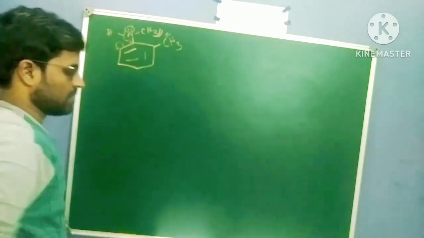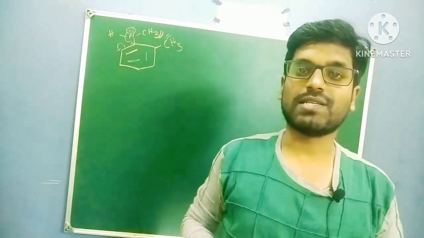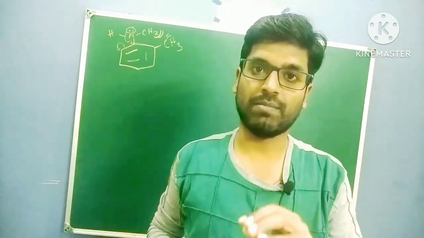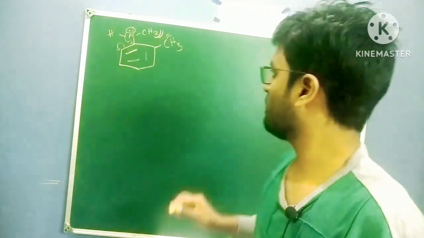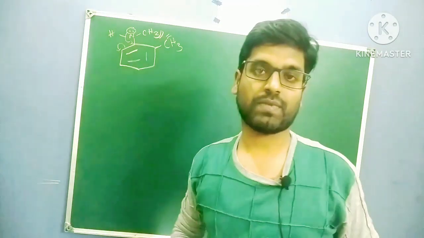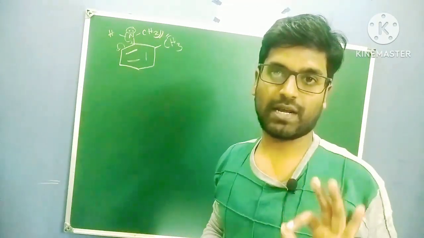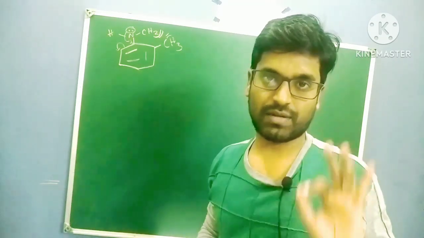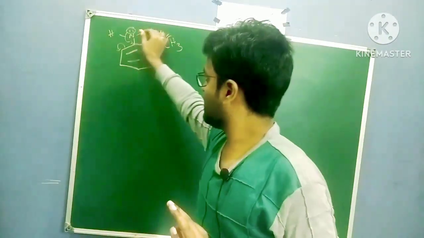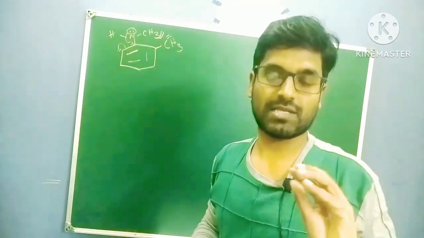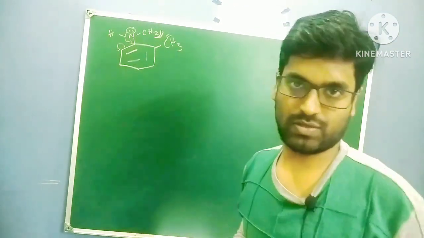That means resonance will stop. So this is the concept of steric inhibition of resonance. Only thing you have to remember: if you have a large group at the ortho position, because of the steric hindrance or steric repulsion, the main group will not participate in resonance. This is called steric inhibition of resonance.